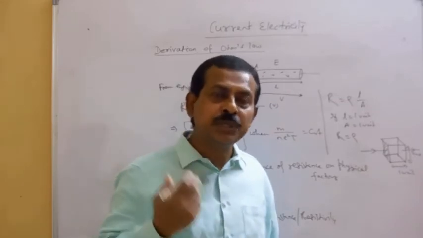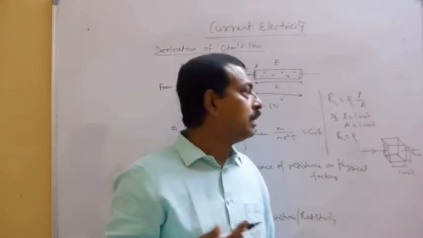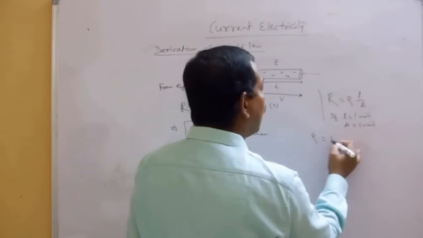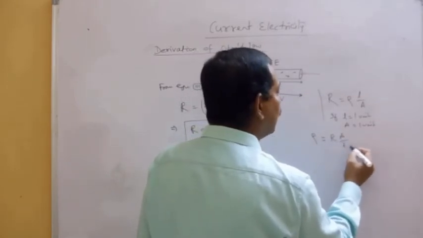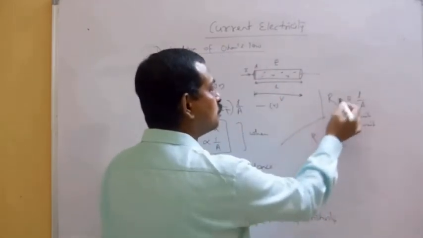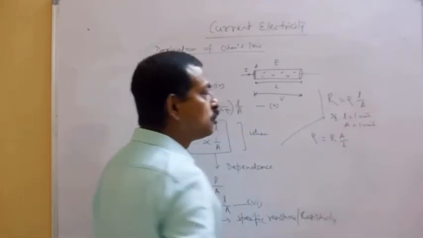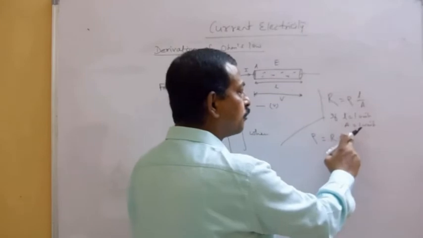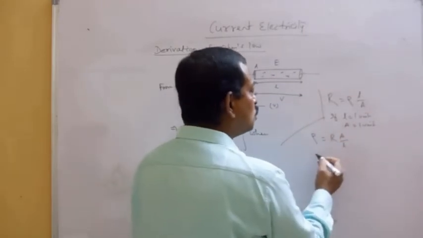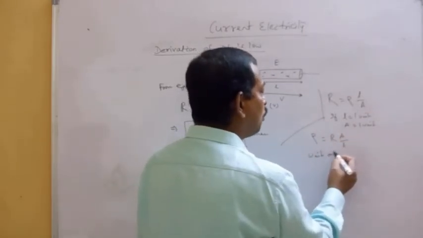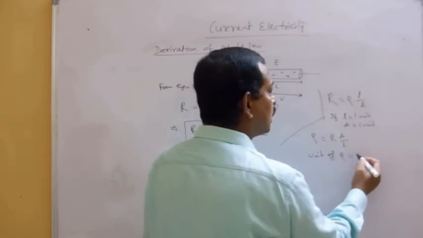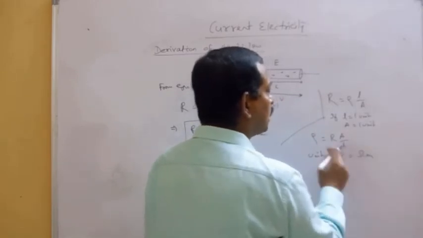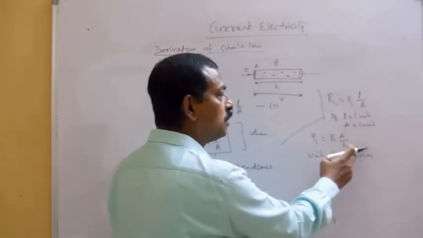If you take the unit of a specific resistance, rho will be R A by L from this expression. So this is resistance, area of cross section by length. So the unit of rho, the specific resistance, will be ohm meter, because it is ohm meter square by meter.